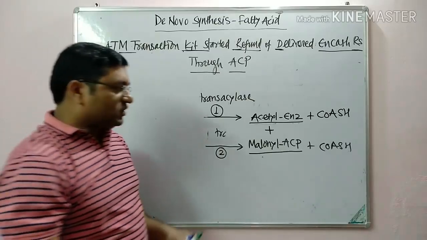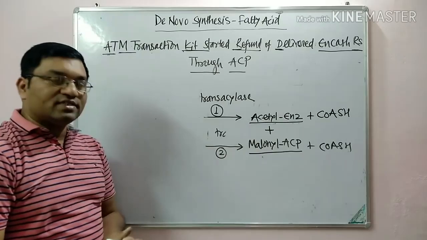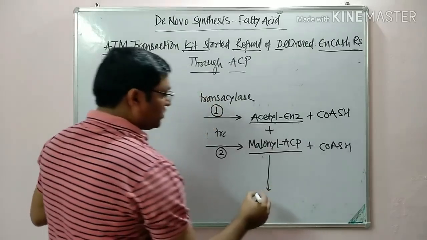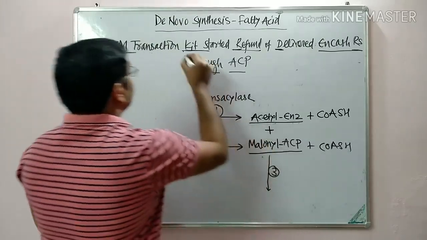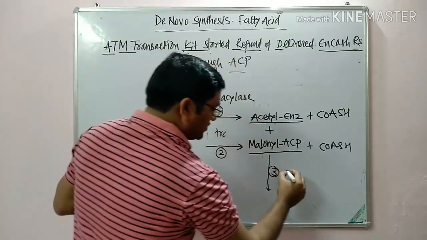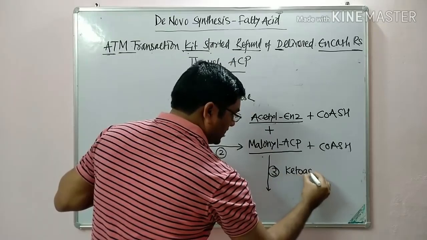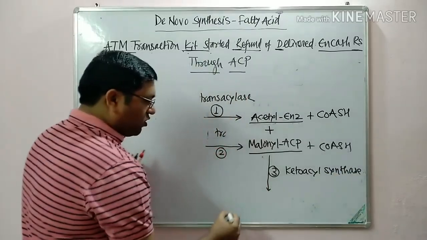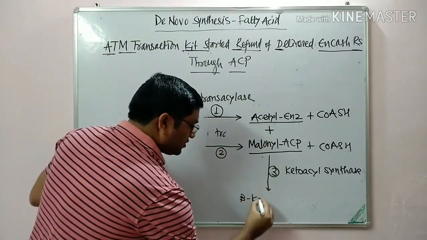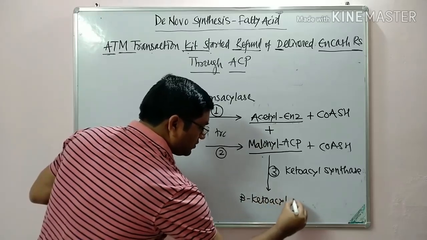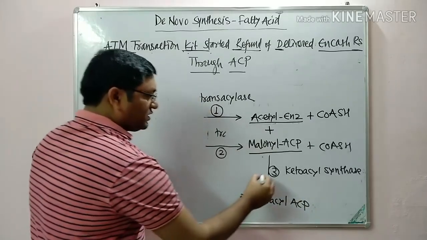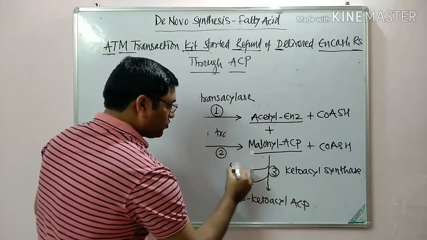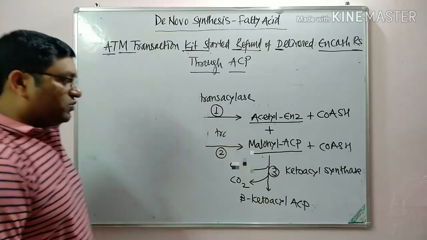Now in the third reaction, there is condensation of this acetyl enzyme and malonyl ACP in the presence of ketoacyl synthase, leading to the production of beta ketoacyl ACP. In this reaction, CO2 is liberated and coenzyme A is released. So this is the third step.